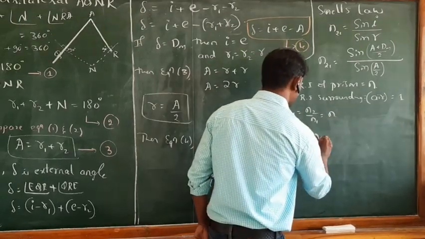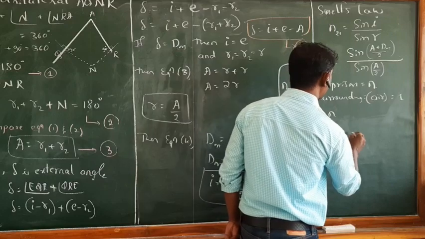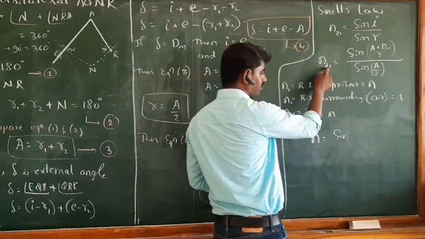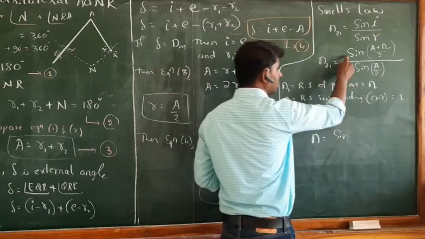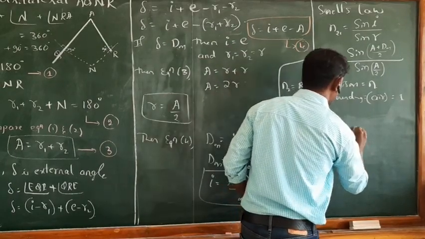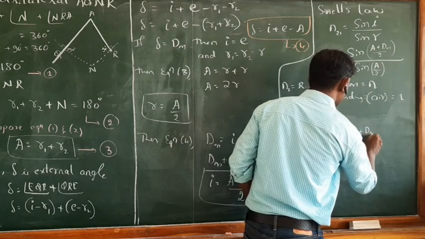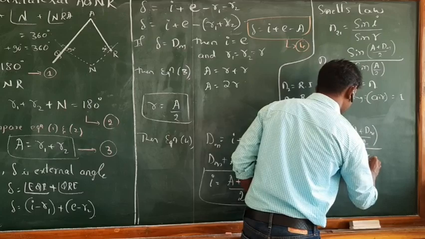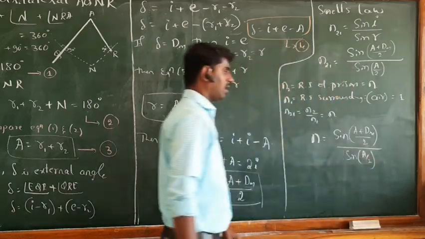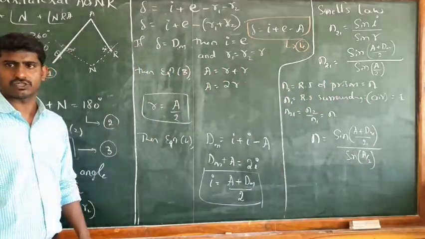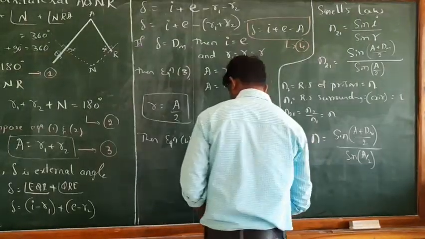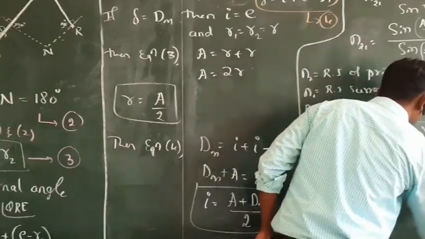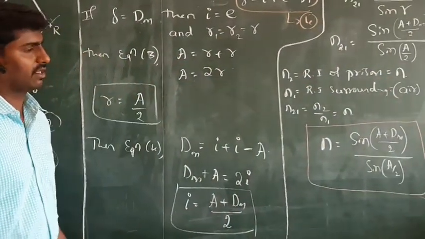Now the equation is n is equal to sine of A plus dm by 2 whole divided by sine of A by 2. So this is the final expression. This is the prism formula, and if you write these steps, you will get 5 marks. Is it clear?